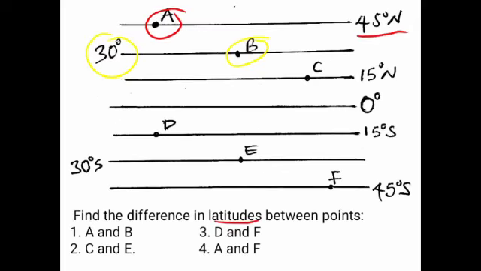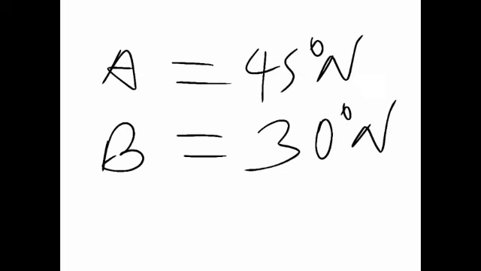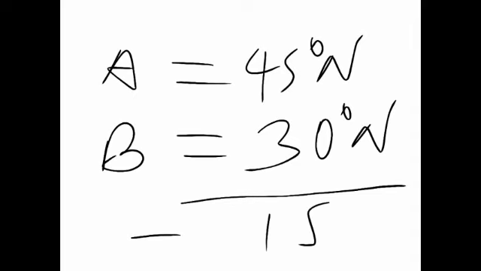I hope I got that right. Yes. So for us to get the difference between A and B, we are going to subtract this. So that minus, we are going to get 15 degrees. So 45 minus 30, we are going to find 15 degrees. That is the difference in latitude between the points A and B.